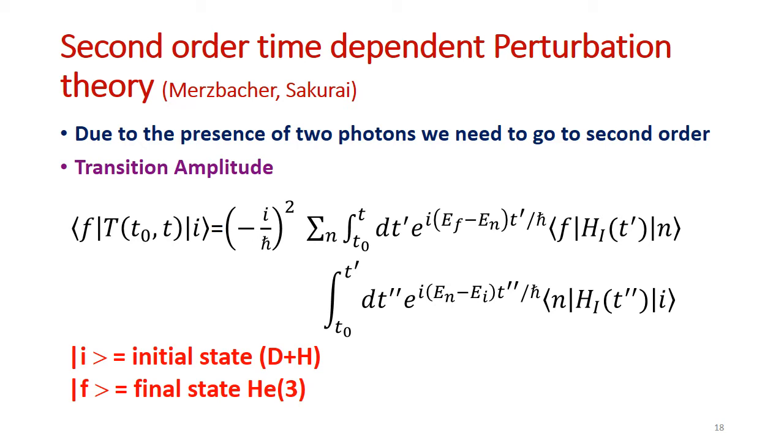So you have the initial state, the perturbation Hamiltonian, the intermediate state, then this energy exponent, then the intermediate state, then the interaction Hamiltonian overlapped with the final state, and again this integral over time, and then we sum over all intermediate states. Initial state is the D plus H state, final state is the helium-3 state.